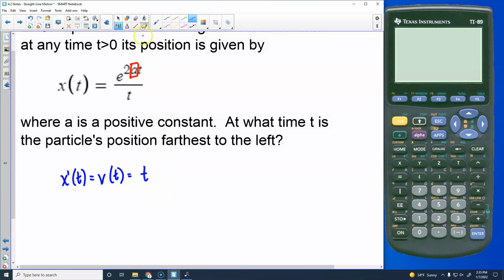What's the derivative? Okay. E to the 2at times the derivative of 2at. What is it? It's 2a. T is your variable here.